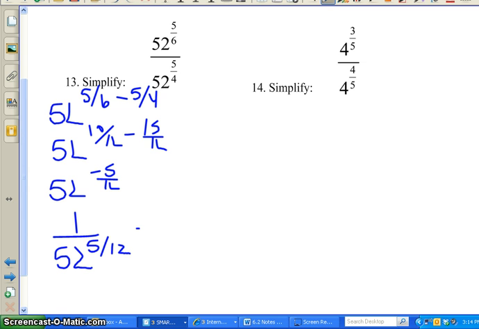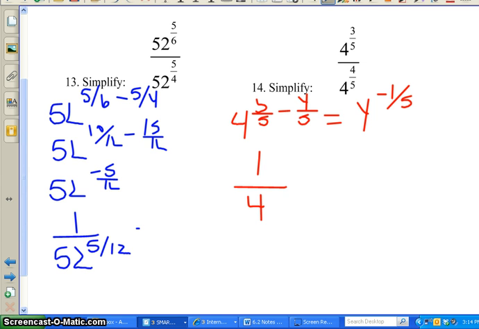So on this next problem, again, we have the same bases, so we're going to subtract the exponents. So we would get 4 to the 3/5 minus 4/5, which would be 4 to the negative 1/5. Making that positive, we'd get 1 over 4 to the 1/5. Again, I need to rationalize that. So I would have to multiply by 4 to the 4/5.